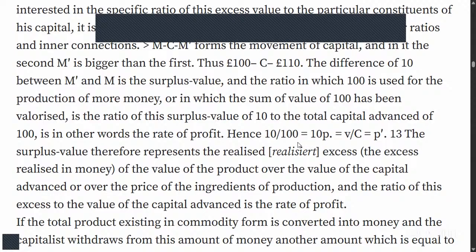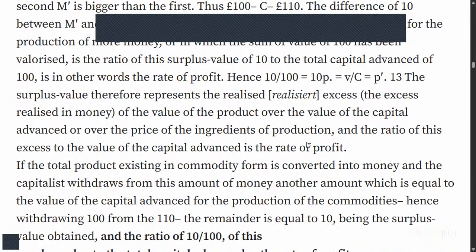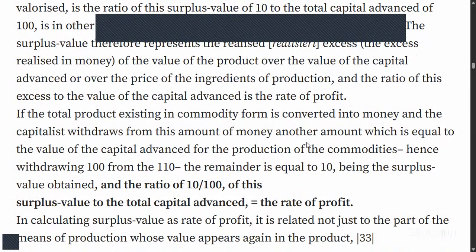Now, if the total product existing in commodity form is converted into money, and the capitalist withdraws from this amount of money another amount which is equal to the value of the capital advanced for the production of the commodities, hence withdrawing 100 from the 110, the remainder is equal to 10, being the surplus value obtained, and the ratio of 10 over 100 of this surplus value to the total capital advanced equals the rate of profit.